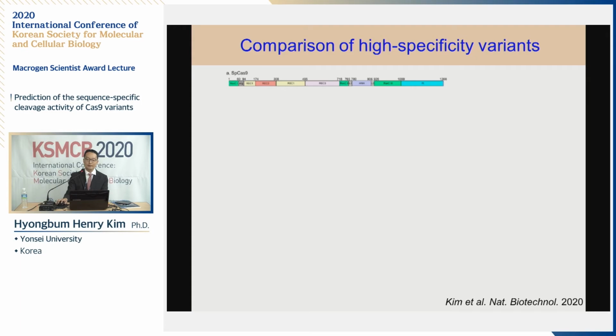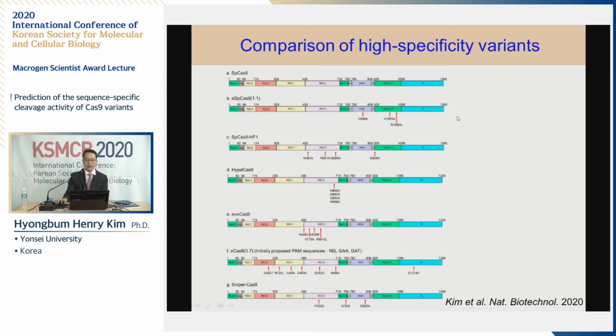So not only PAM variants, people also made several high-specificity variants, by making different mutations, mainly in the REC domain or nuclease domain. So there are so many different high-fidelity variants, and each paper suggests that their variant is the best.